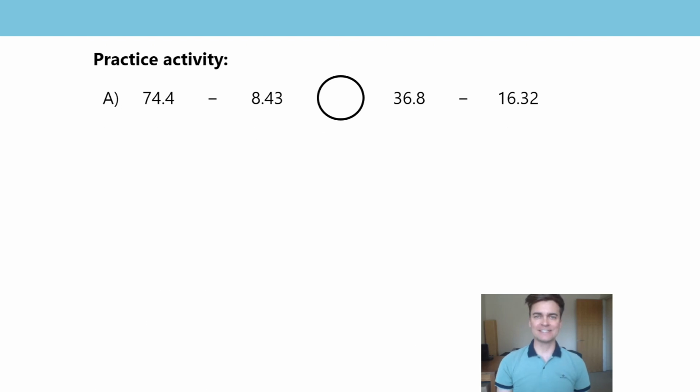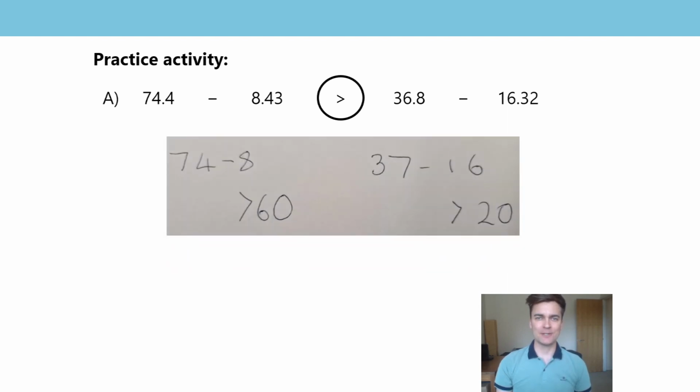Okay, part A. This is the symbol that I got. Is it the same as yours? How did you choose that symbol? This is how I approached it. I rounded each of the numbers to the nearest whole number. Then, looking at the expression on the left, I worked out that the difference, if I calculated it, would be greater than 60.